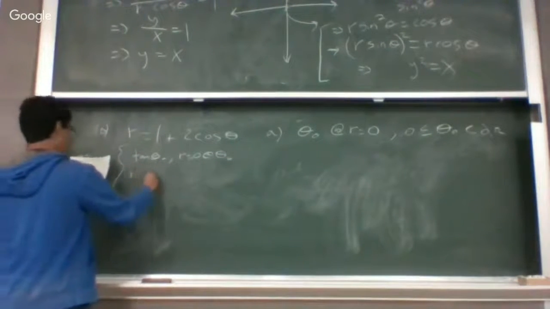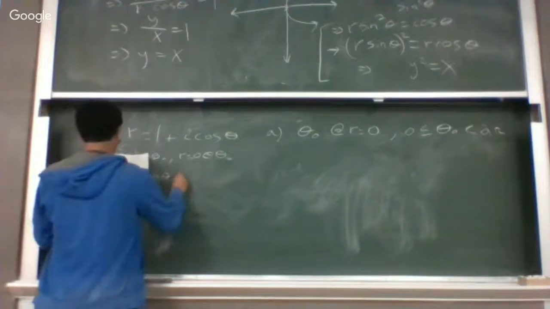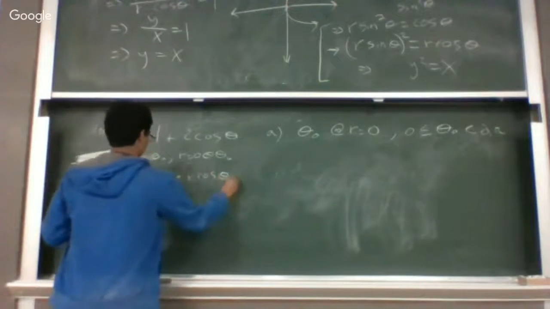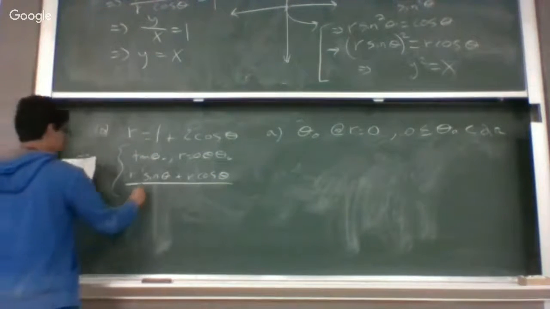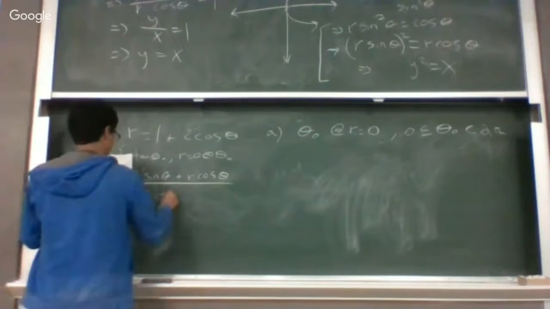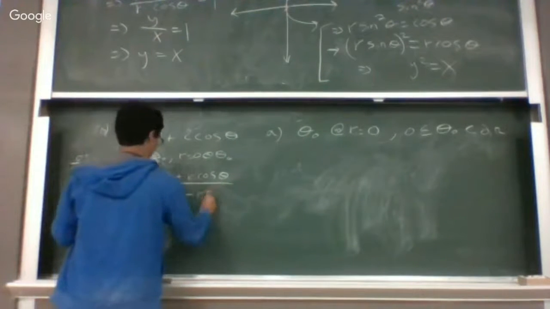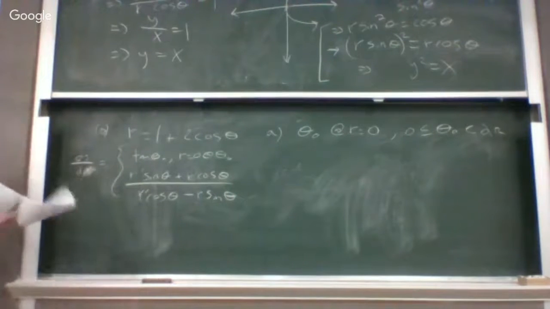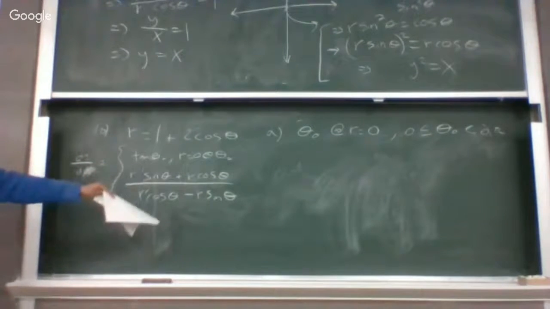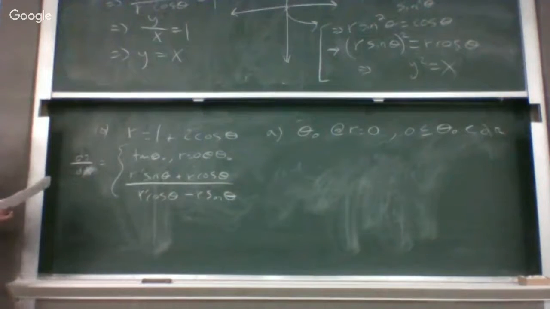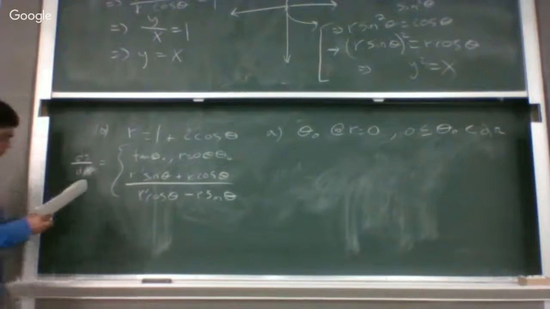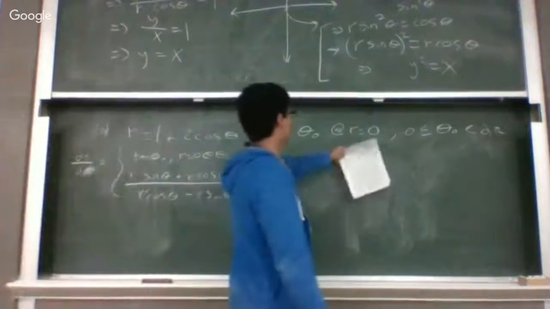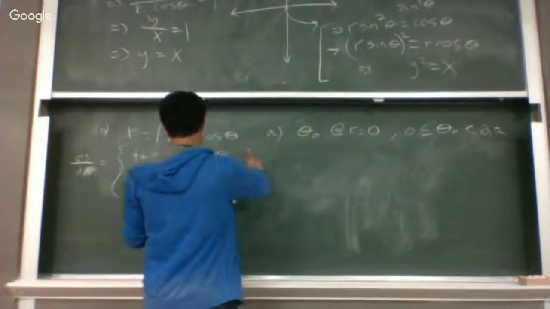r prime sine of theta plus r cosine of theta divided by r prime cosine of theta minus r sine of theta. So that's the formula for this one. All of this is given, what I have written up here. So for part A, we are told that r is equal to 0, so we can set the equation equal to 0.